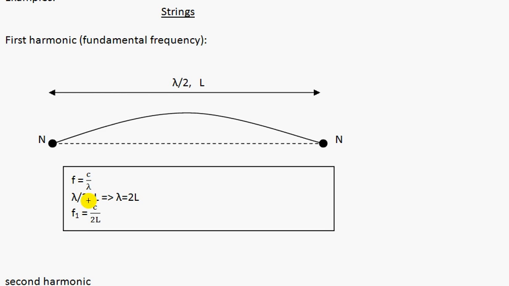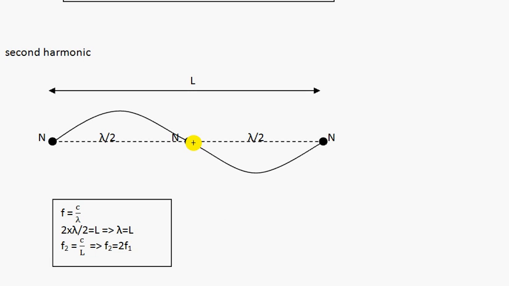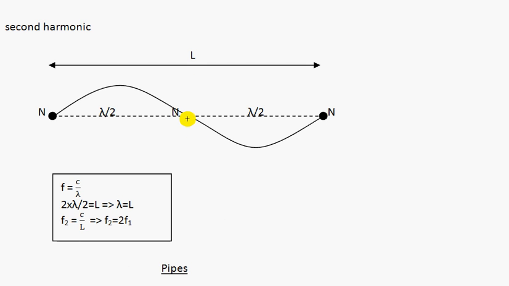What about the second harmonic? We should put a node somewhere, actually in the middle. So if we put a node in the middle, we are getting the next harmonic. Here you are: node in the middle, next harmonic. From node to node we have vibrations.